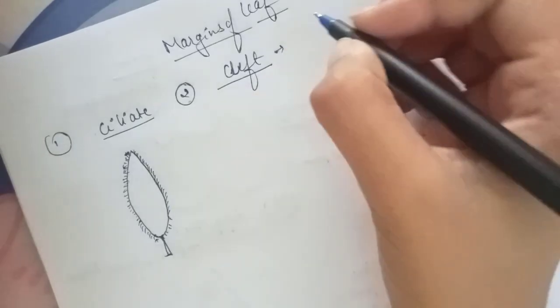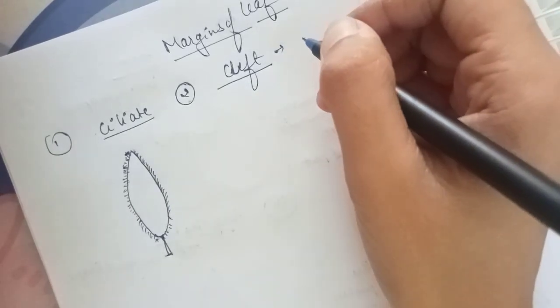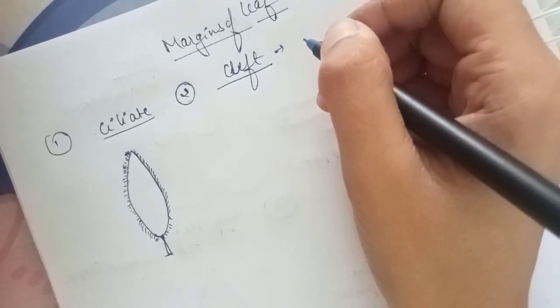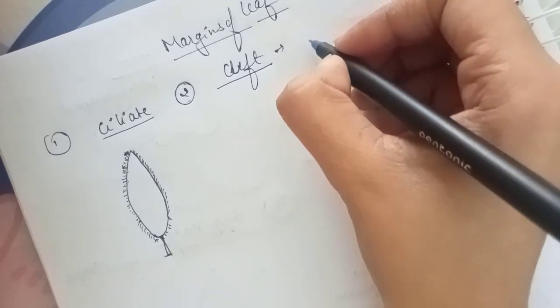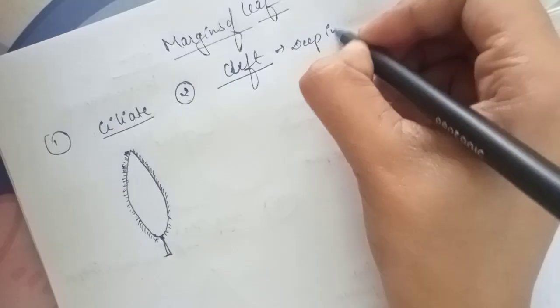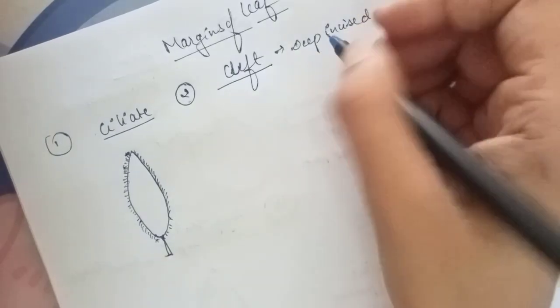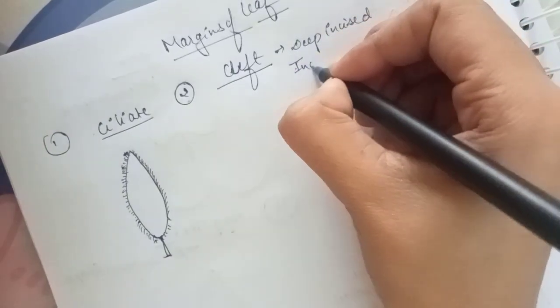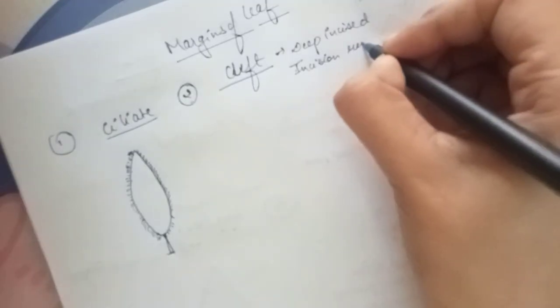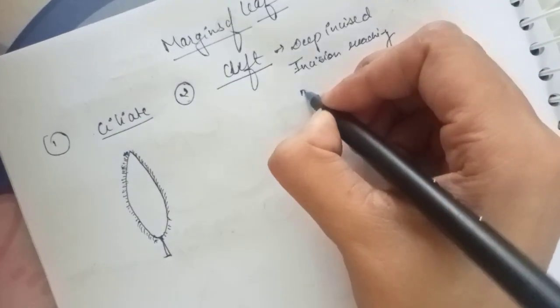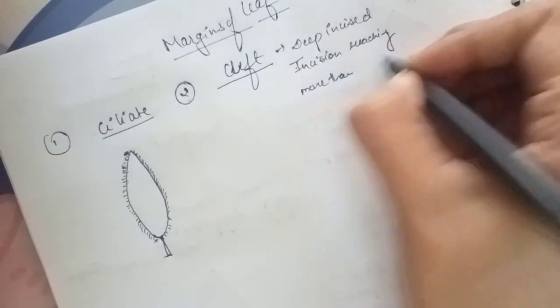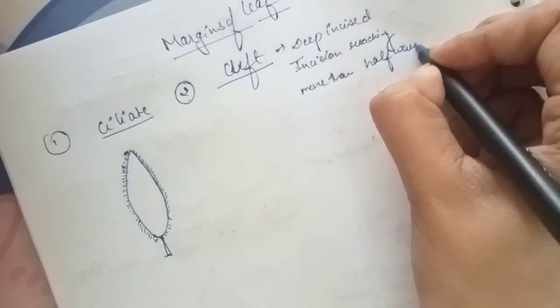C-L-E-F-T. Cleft. Now let us write the description of cleft. Cleft leaves have deep incisions and extend more than halfway of the midrib. What does it mean? Deeply incised leaf, incisions reaching more than halfway.